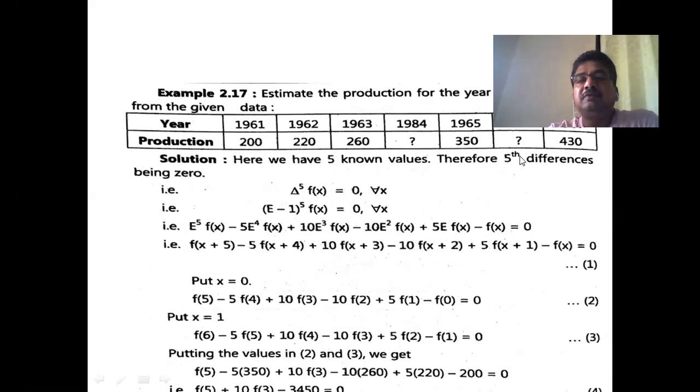Suppose f of 1964 is a and the value for 1966 is b, and then solve the two simultaneous equations for a and b, and find the corresponding values.